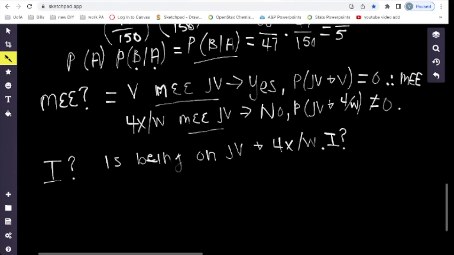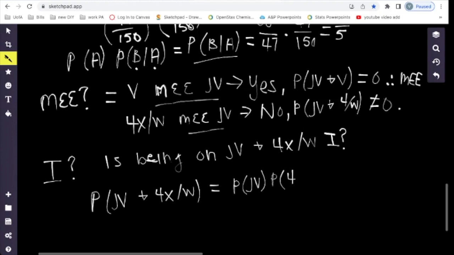Well, to find this, you can say, is the probability of them being on JV and practicing 4 times per week equal to the probability of them being on JV times the probability of them practicing 4 times per week? If these two are equal, then yes.